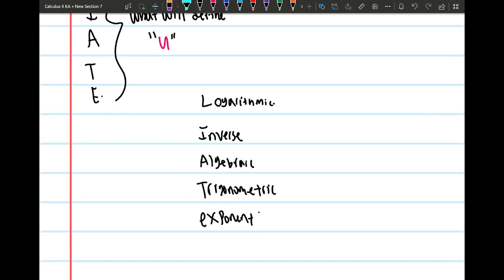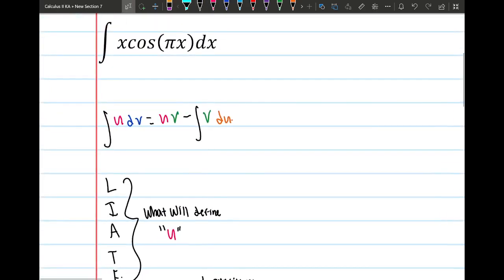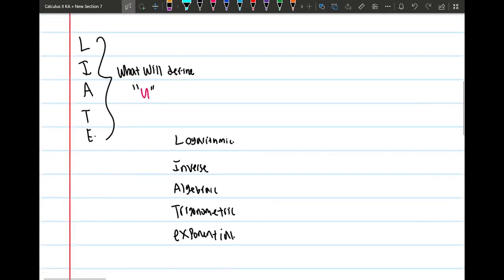Depending on the integral that we have to integrate, this will determine what u will be.